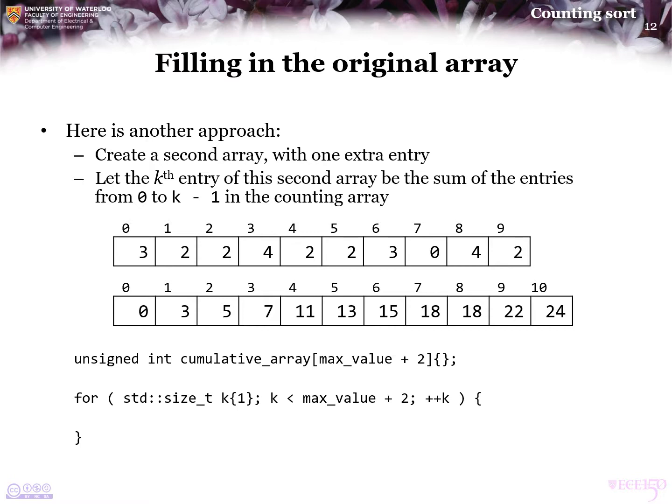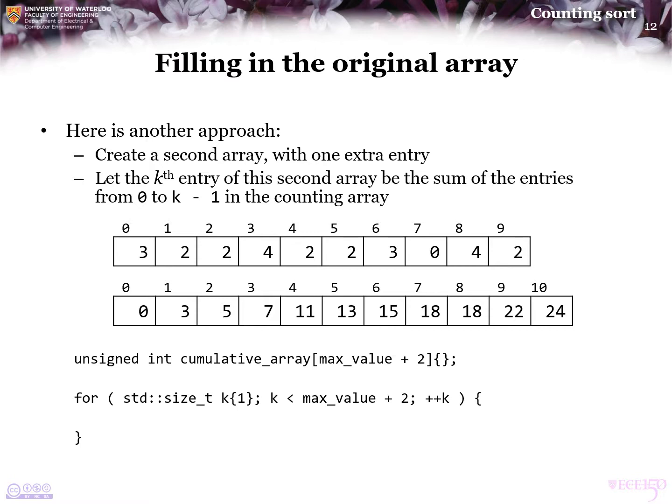Then at index 6, 15 plus 3 is 18, which is the value at index 7. 18 plus 0 is still 18. 18 plus 4 is 22. And finally, 22 plus 2 is equal to 24.